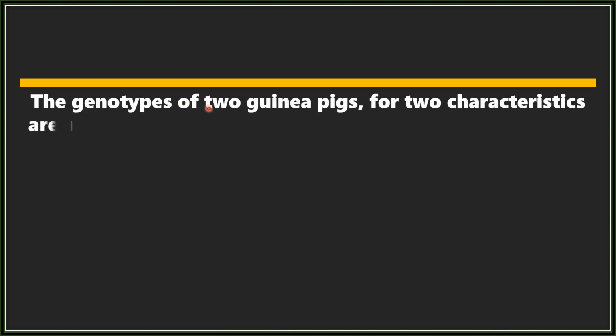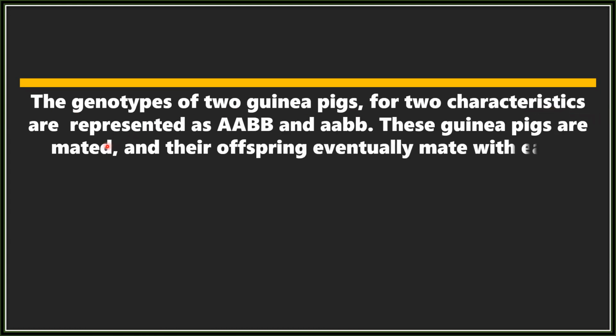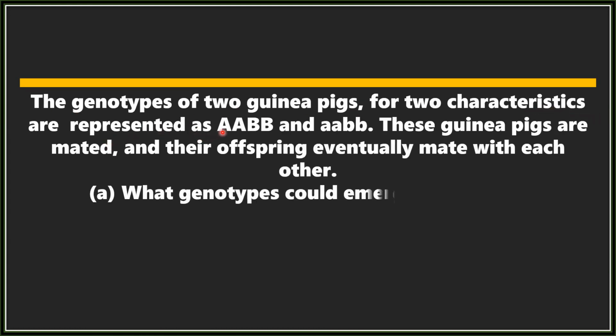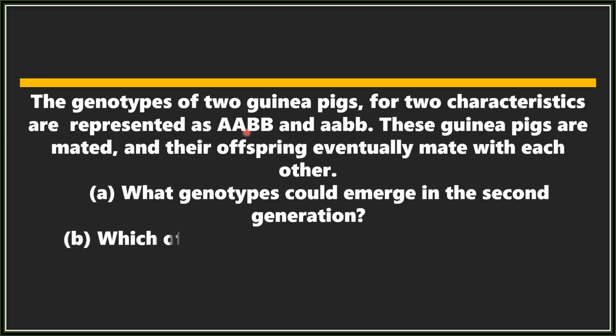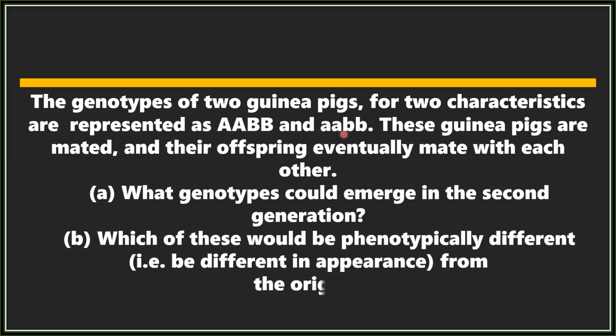The genotypes of two genotypes for two characteristics are represented as capital A, capital A, capital B, capital B, and small a, small a, small b, small b. These are mated, and their offspring eventually mate with each other.